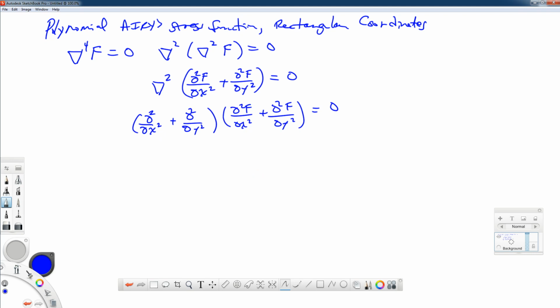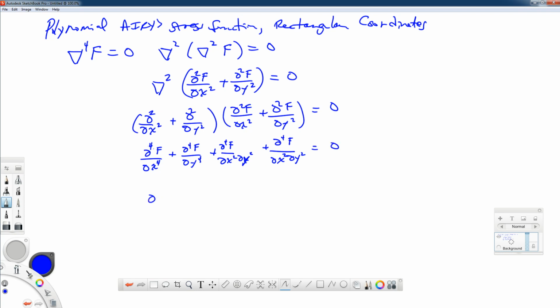A common mistake I see with students on the bi-harmonic equation is they don't consider all the terms in it.